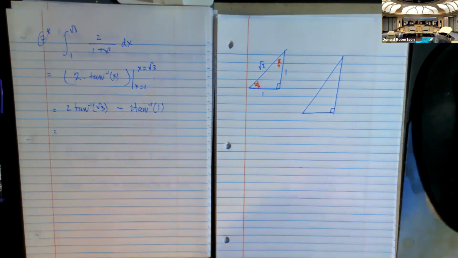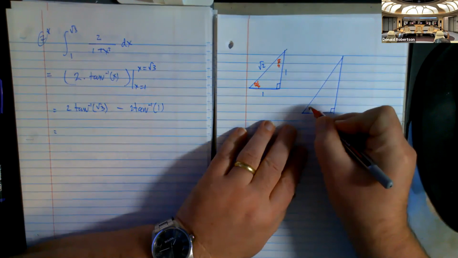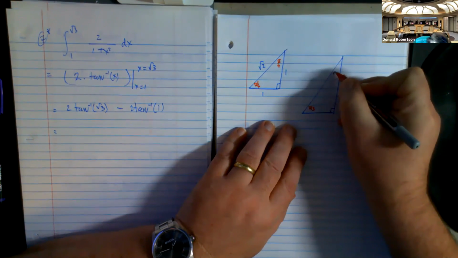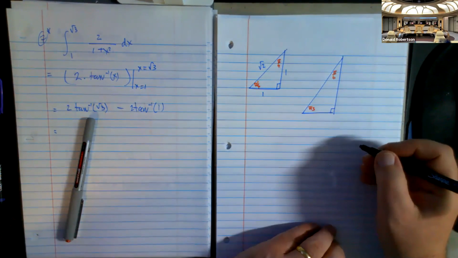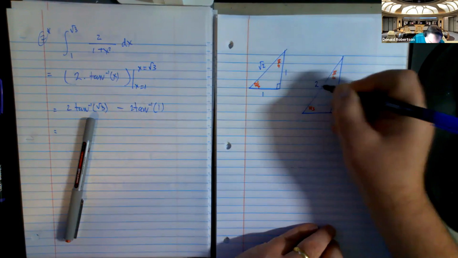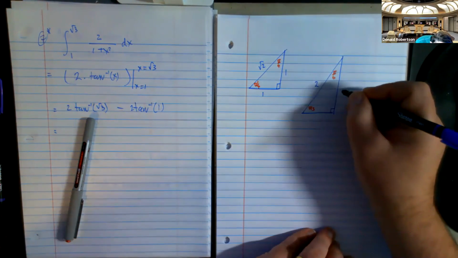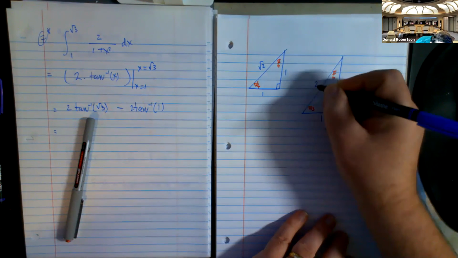Now, the second triangle is going to be for the pi upon 3 and the pi upon 6, guys. And for those triangles, 2's going to go there. Well, let's do it in order. 1, 2, root 3.